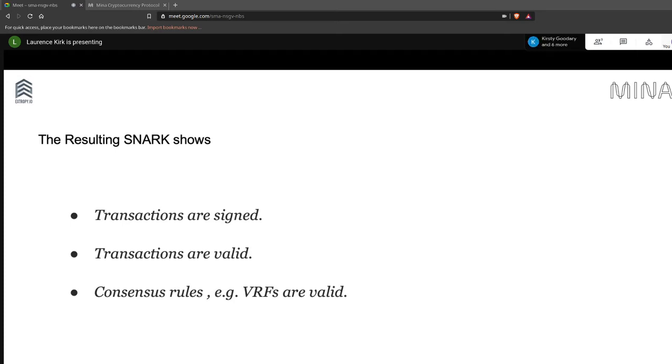So what the Mina protocol does is when it distributes a block, you'll have a SNARK, a proof of this, but the SNARK proves not just that the transition from the previous block to the current block was correct, and so that the current block is correct, but it also contains a proof that the previous block had a valid proof that proved that it was correct, and that previous block had a valid proof that the previous block to that was correct. So you have this recursion which goes all the way back to the starting block, the Genesis block.